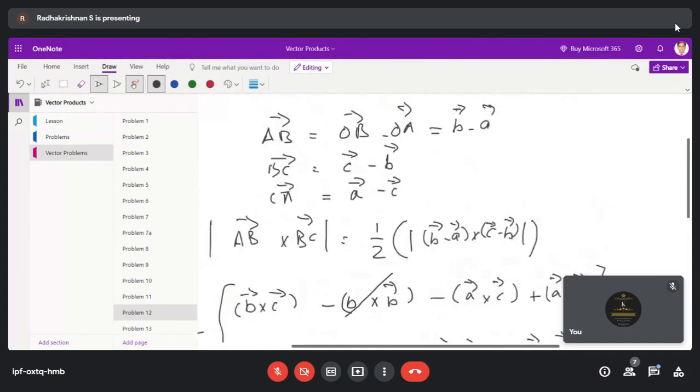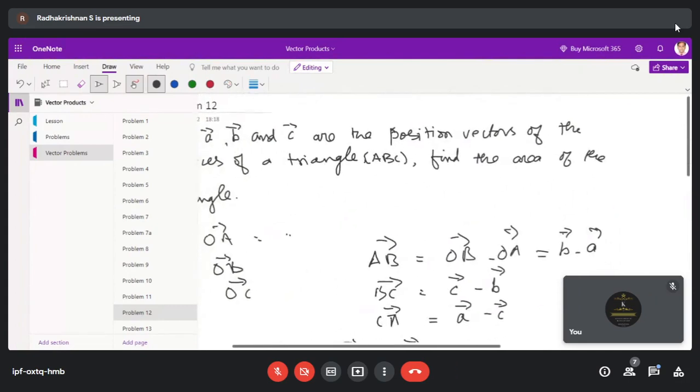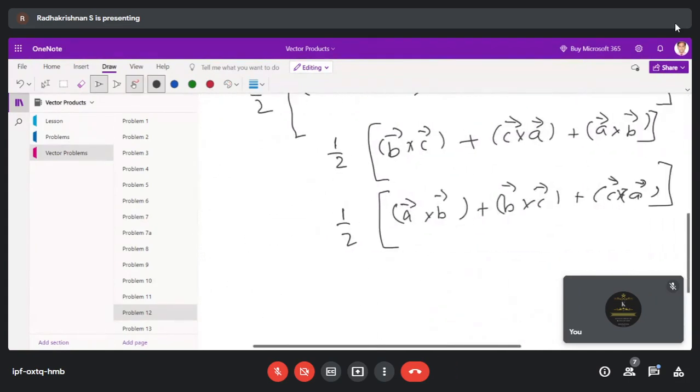If three vertices are given, to find the area of the triangle, this is your formula.